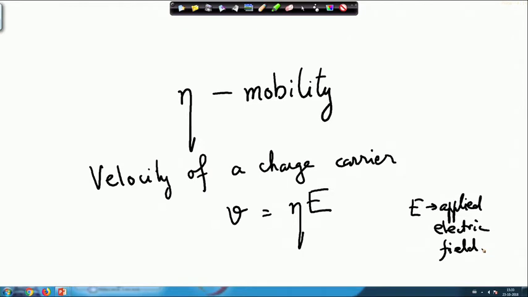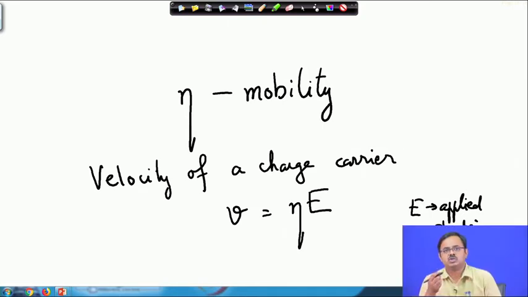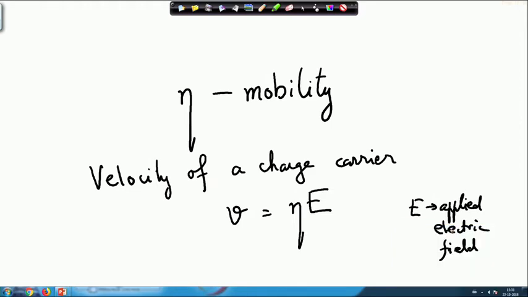So, what does it mean? It means that if the mobility of the charge carrier is high, its velocity is also going to be high. Therefore, it is going to carry more charge.